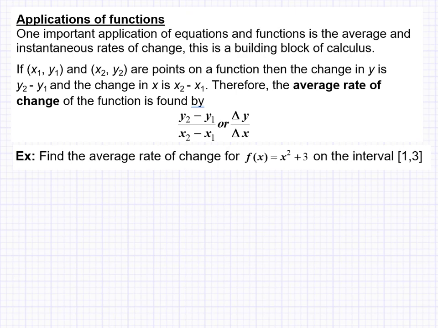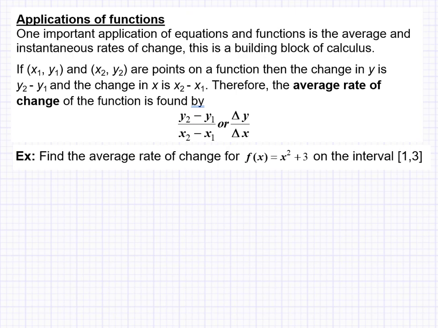That would be instantaneous speed, which then relates to instantaneous velocity and therefore instantaneous rate of change. We cannot do that part of this without calculus. However, we can talk about average rate of change, so that's what we're going to do.